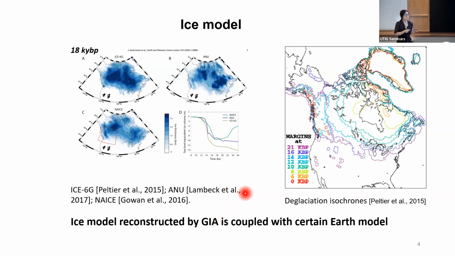But to do this GIA reconstruction, we need to select an Earth rheology model. This causes a problem for those ice height models, because all of them were reconstructed by GIA models coupled with a certain Earth model. Those groups just made some assumptions. They are not independent ice height models.